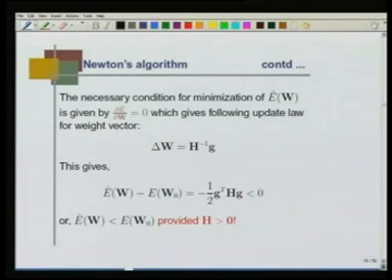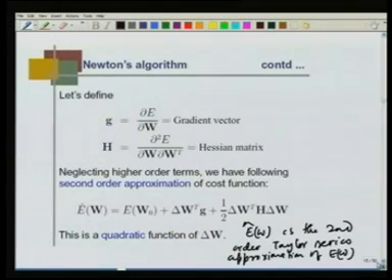The necessary condition for minimization of E hat W, which is a second order approximation of the actual cost function, is given by del E upon del W is 0, which gives the following update law for the weight vector, delta W is H inverse G. That is, if I differentiate this E hat W by del W, this constant term goes away.